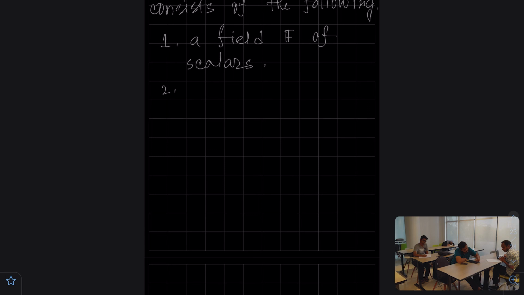Second, a set V of objects to be called vectors.